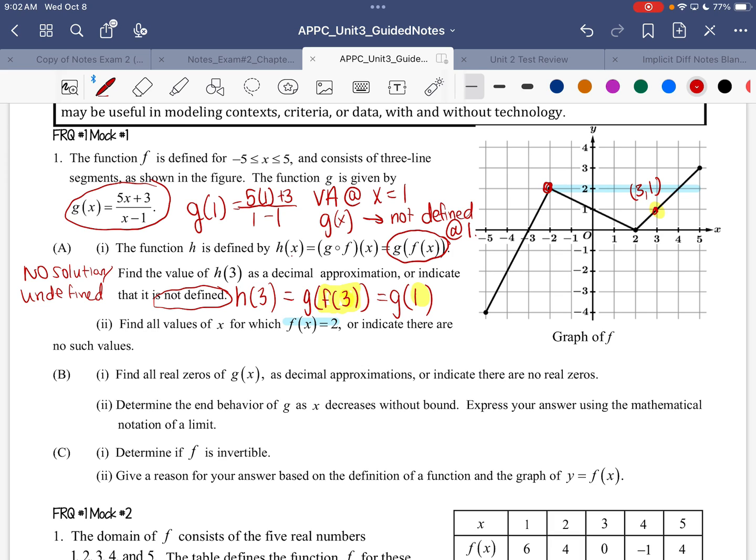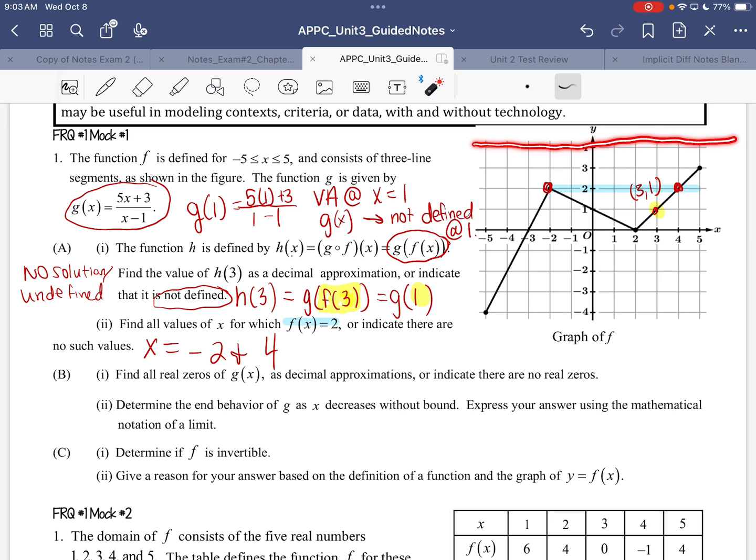I'm touching at 2 places where it's equal to 2. The 2 places are the x values. So what x values are the y values 2? Negative 2 and 4. If there was no place, like maybe if they said f of x equals 4, there would have been no place where it was 4. So you would have just said no solution or no value.